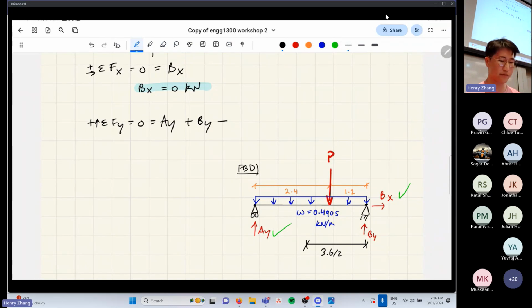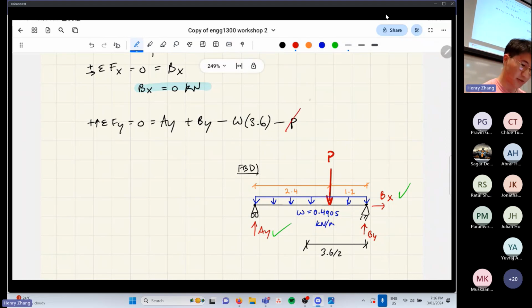and then minus the distributed load multiplied by its run, so 3.6, right? So what that's done is given us the resultant magnitude of that distributed force over the length of the beam, minus P, which is the point load, right?